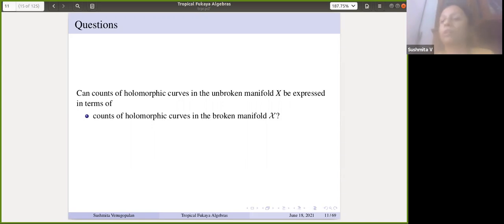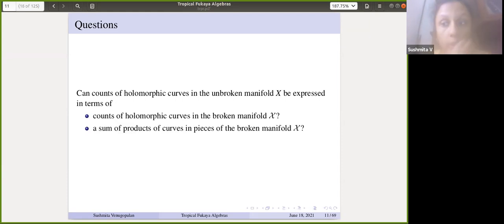It will arise in a natural way from these cut spaces, which we just defined, but it will be defined very soon. And the second question we are going to ask ourselves is, can we do something more to say that these counts of holomorphic curves are just sums of products of curves in different pieces of the broken manifold?